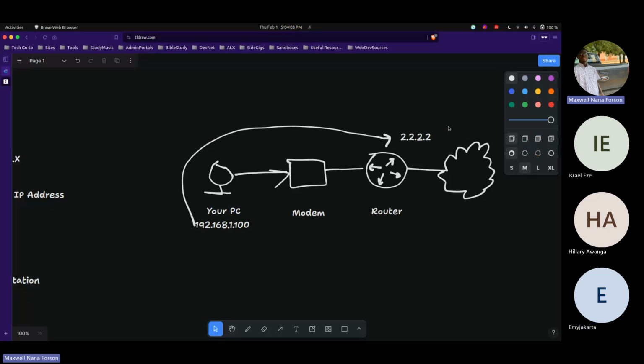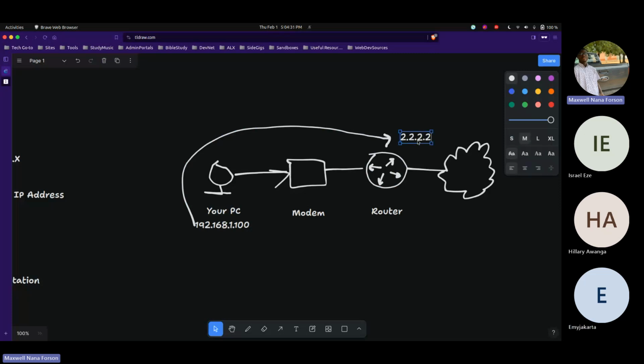All right. So I was saying that when you're going out onto the internet, your PC sends out the connection to the router. The job of the router is to send network traffic that is meant for someone outside your environment. It takes packets or requests that are not within your environment and sends them there, let's say from your PC to the internet.